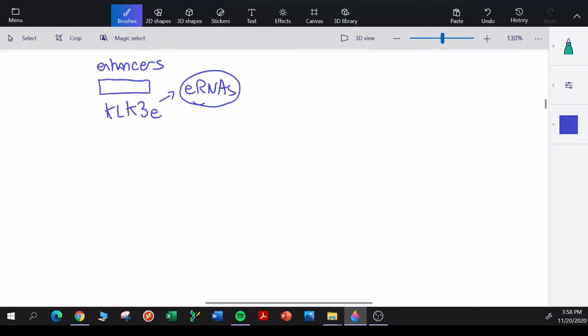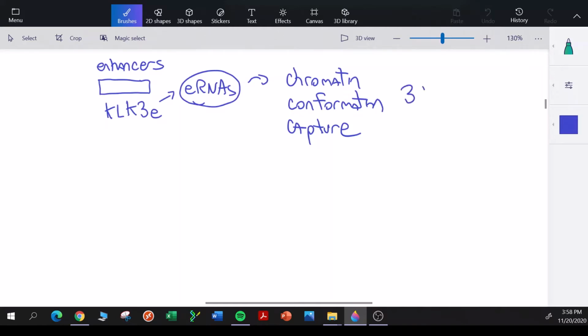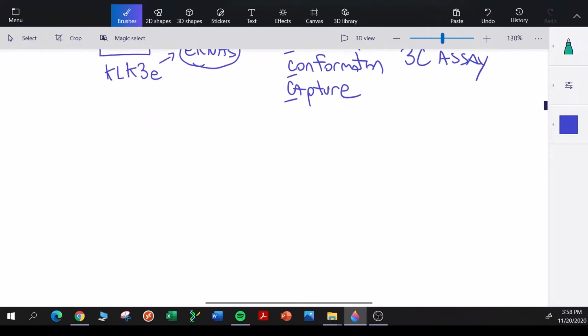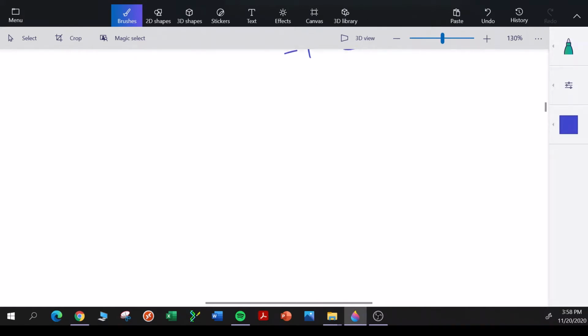In this video, I am going to describe a really neat technique called chromatin conformation capture, or another name is just a 3C assay, 3C standing for chromatin conformation capture. And I want to start just by going over some of the key steps in this technique, and then I'll show you how it works.